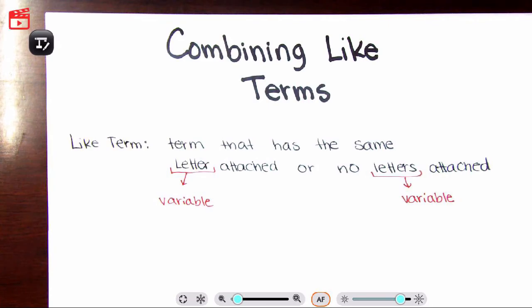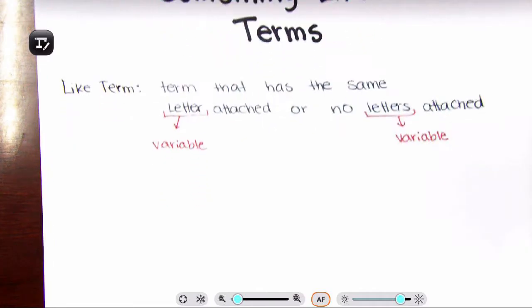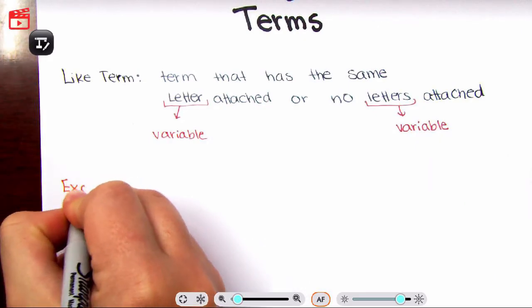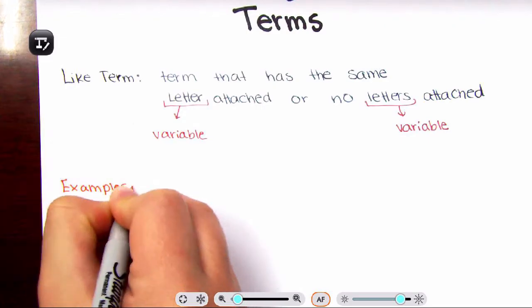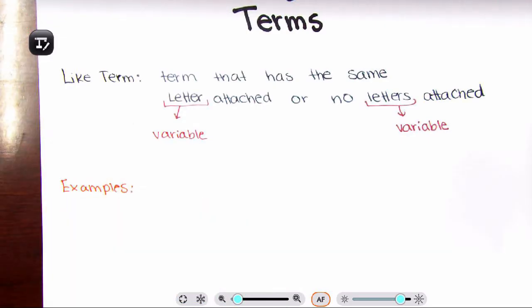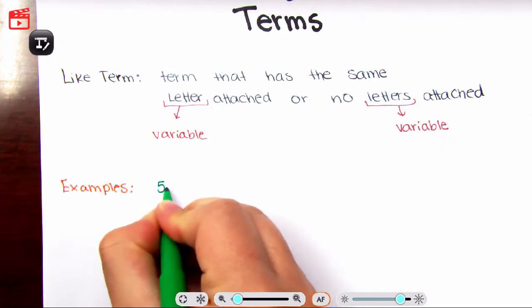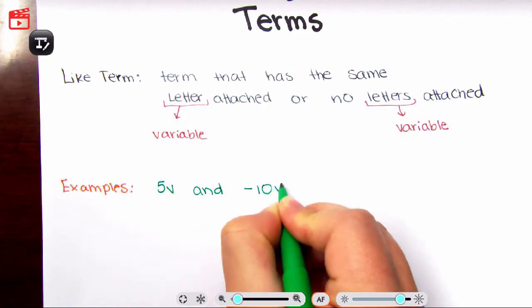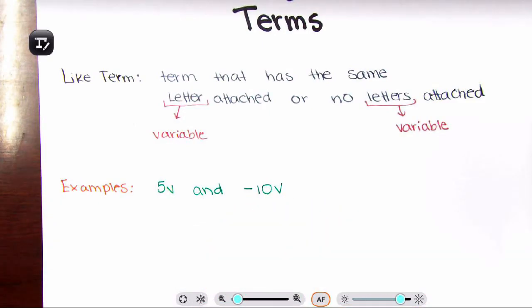And so let's go ahead and just list some like terms. I want to point out that even though some terms have the same letter, it's not really the same letter, so I want to make sure that you guys can see the difference. So like terms, let's do some examples. We can say 5v and negative 10v are like terms.